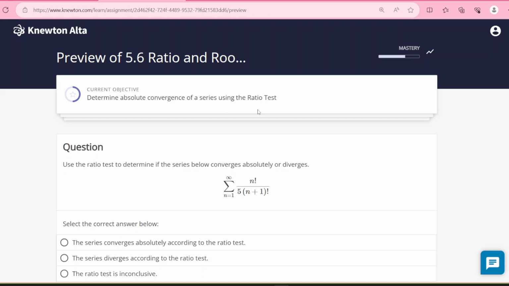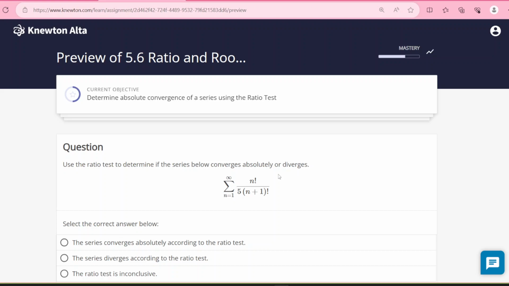I'm just giving you some tips as to when it would be a good idea to use these tests. So when I see factorials, and it's not all raised to some power involving n, that'll be like, hey, let me use the ratio test over the root test.